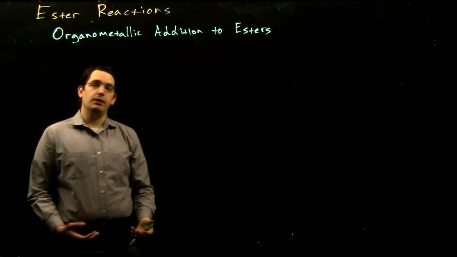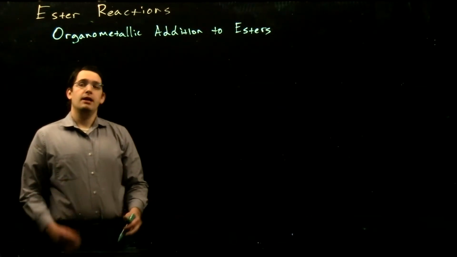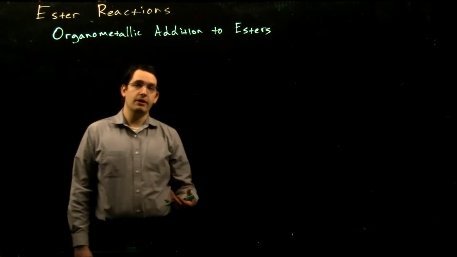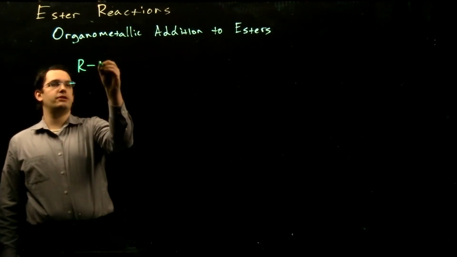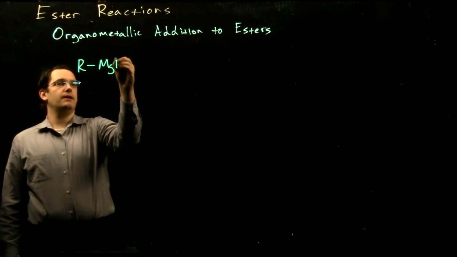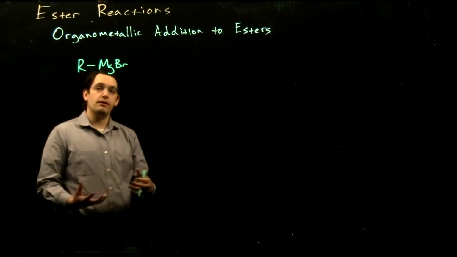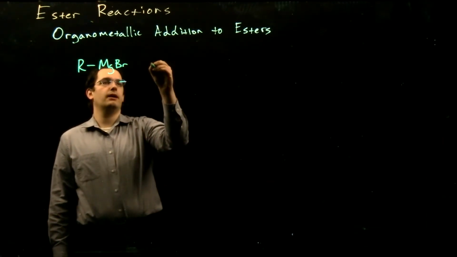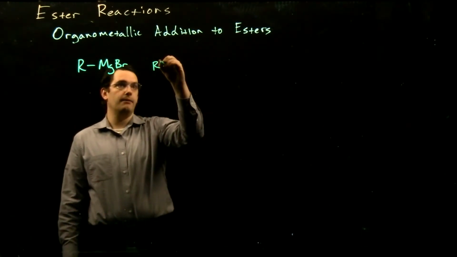The next reaction that we'll look at is our organometallic addition to esters. Now, of course, we've already seen organometallic compounds used to react with ketones or aldehydes, right? So we'd often use our Grignard reagent, where we have that magnesium and our halogen there, and this creates a very nucleophilic carbon bond that can then attack our electrophilic carbonyl carbon of our ketone or our aldehyde.